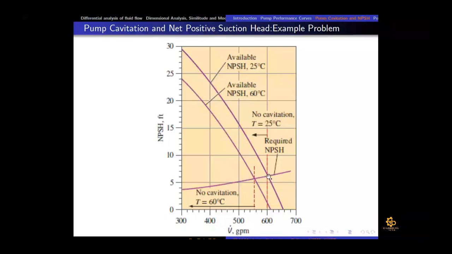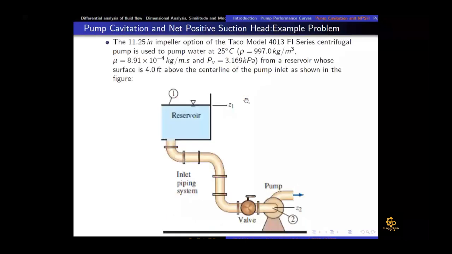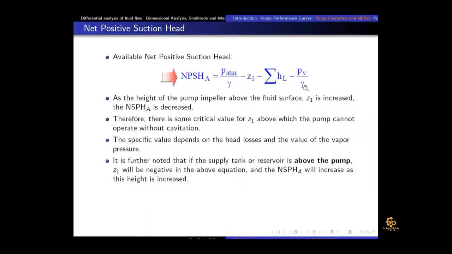But interestingly, as I also discussed in the last class, if we increase the temperature of the fluid to 60 degrees, then what will happen in this equation? This PV value, because we know that the vapor pressure increases with the saturation temperature. So PV upon gamma would increase, and when the vapor pressure increases, net positive suction head available would decrease, because this quantity is being subtracted.